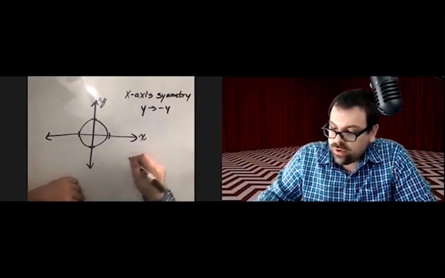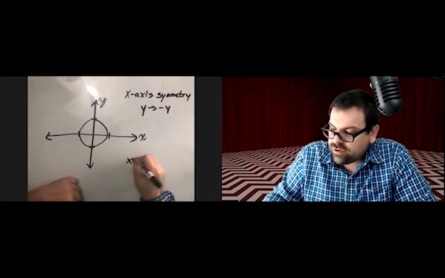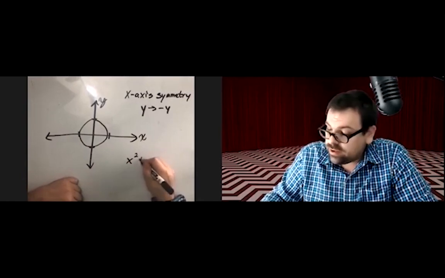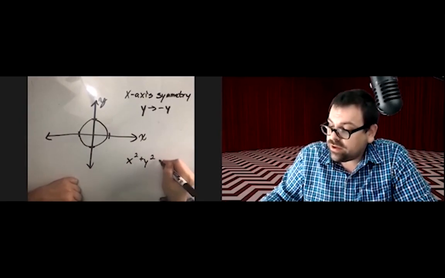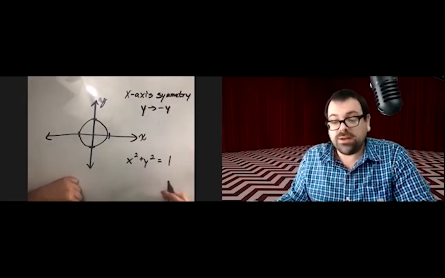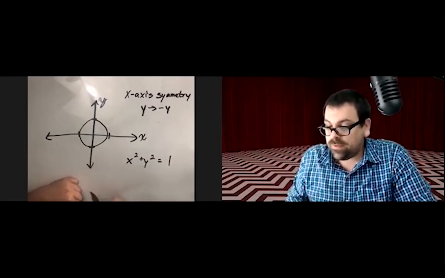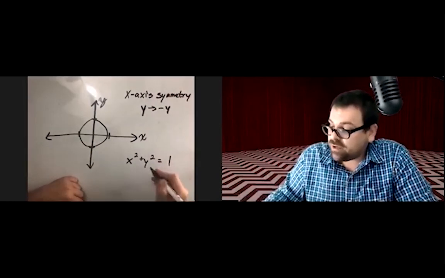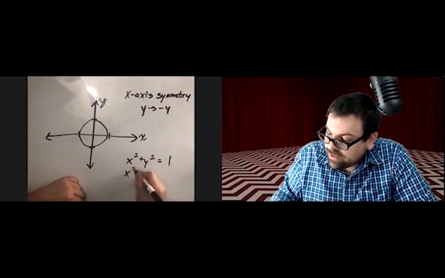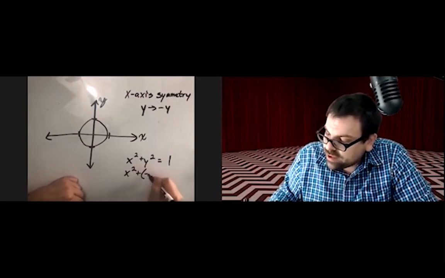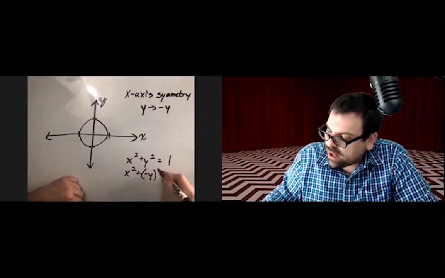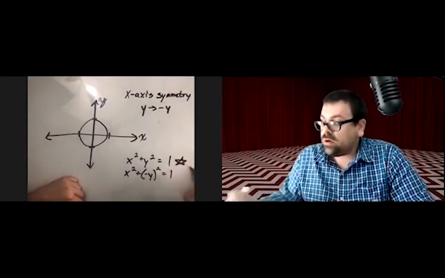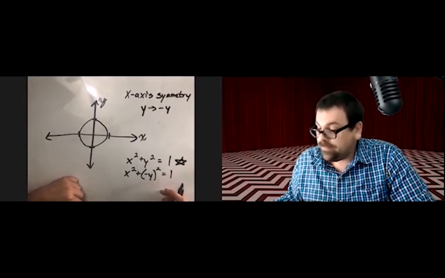So if we have just something simple like x squared plus y squared equals 1, x-axis symmetry means that if we take the y and we replace it with negative y, we will end up back with what we started with.